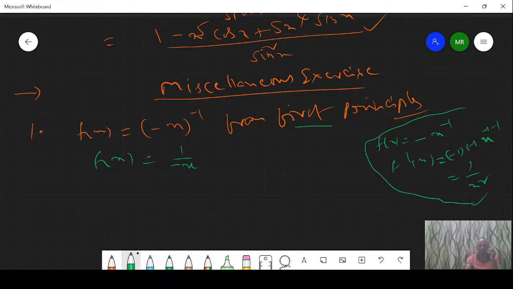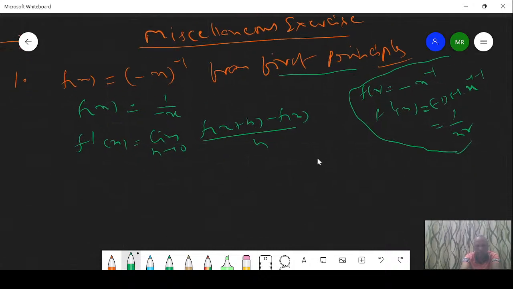But they are asking by first principle. First principle means we know f dash x is equal to limit h tends to 0 of f of x plus h minus f of x, by h. Use the formula here when you are doing using first principle.